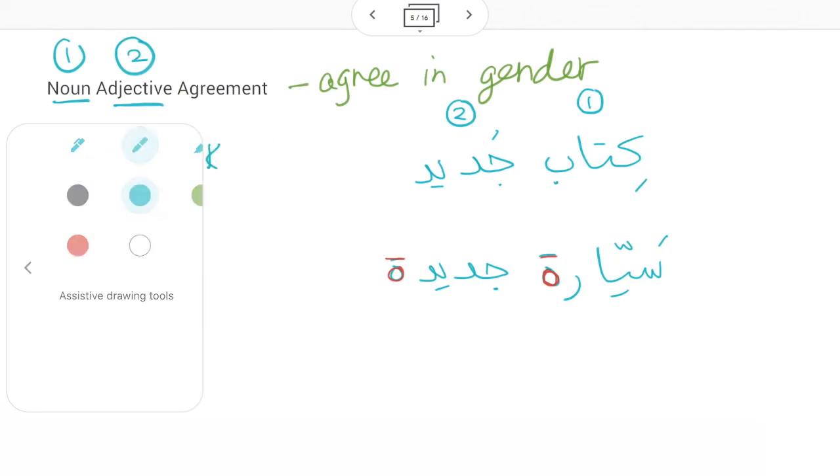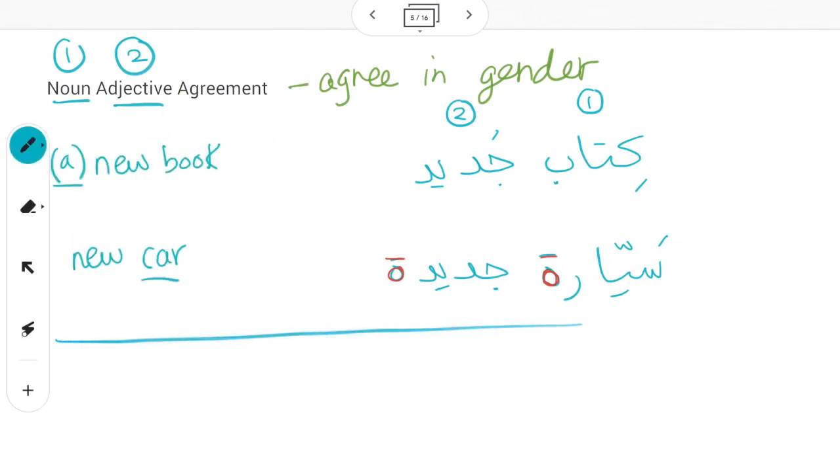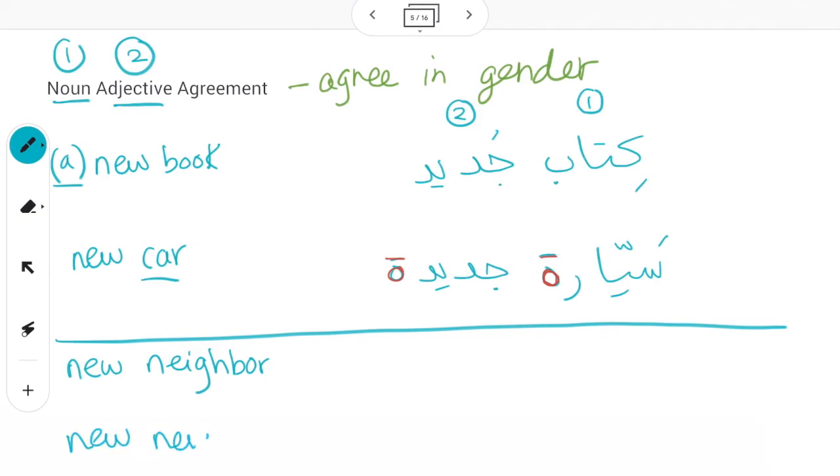Okay? So you do one. We'll stick with our word new. New neighbor. And new neighbor. But this one will make masculine and this one will make feminine.